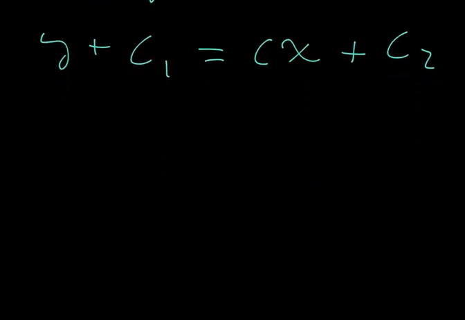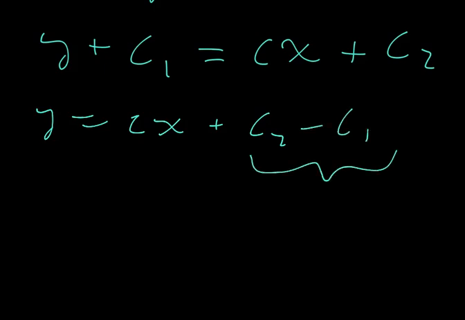Now let's put this in terms of y. So we'll get y is equal to cx plus c2 minus c1. And if you think about it, subtracting one constant from another constant just gives you a constant. So we'll call this y is equal to cx plus d.